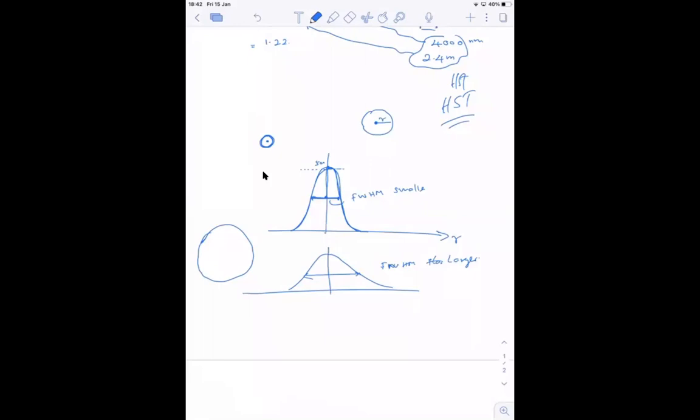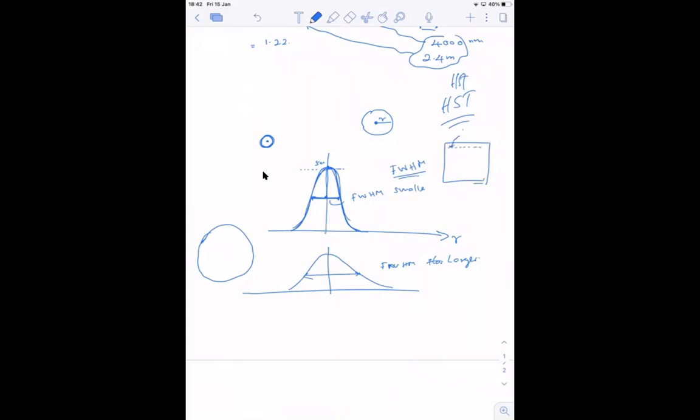And for you, just understand that what you need is to measure the full width half maximum value of this curve. Normally an astronomical image is something like this: you have pixels on the image and each pixel has a value, right?